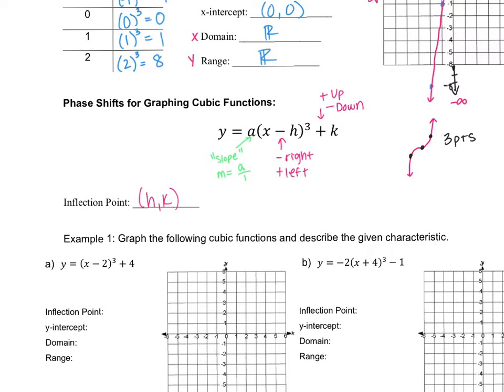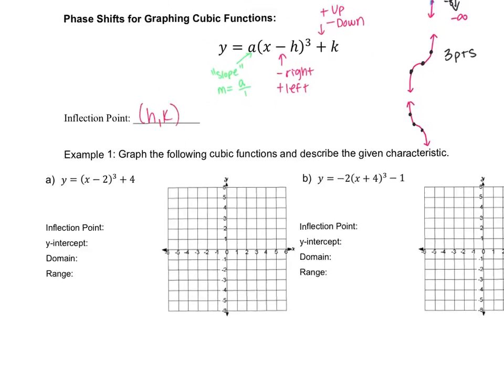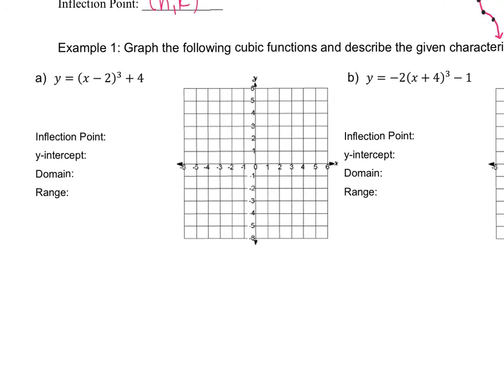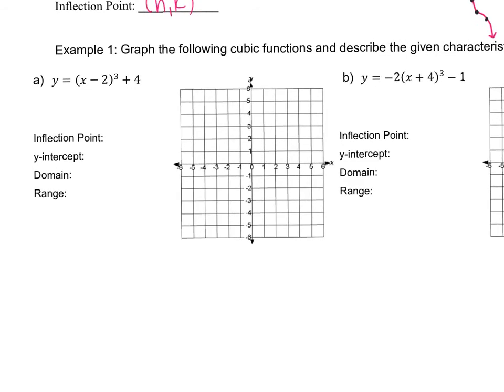Sometimes cubic functions can also be the other way. So instead of pointing down first and then up, it can point up first and then go down. But you're still going to need 3 coordinate points before you can draw a cubic function. So let's get started with the graphing here. In example 1, it wants us to graph the cubic function and describe some of the characteristics.